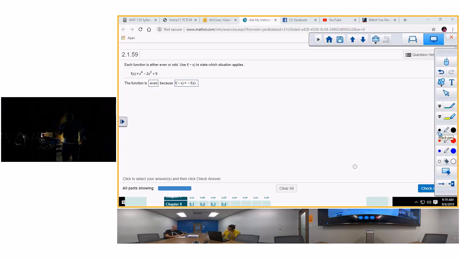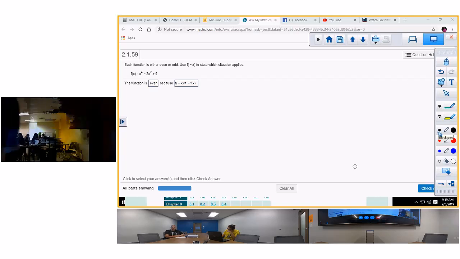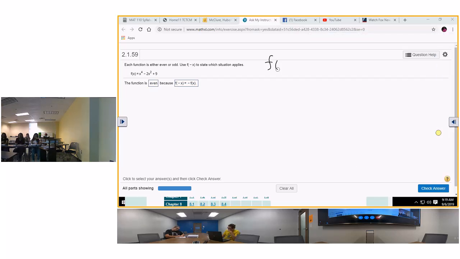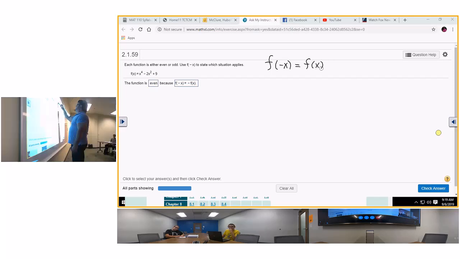Even is basically what? F of negative x is equal to what? F of x, right? Yes. F of negative x is equal to f of x. That is even. And odd is f of negative x is equal to negative f of x.